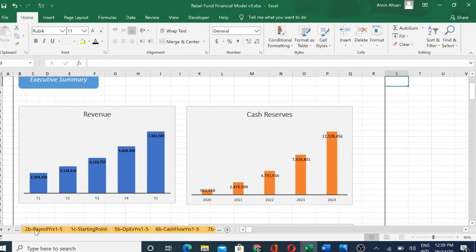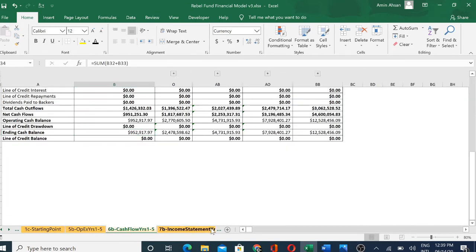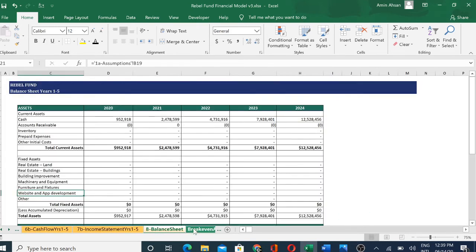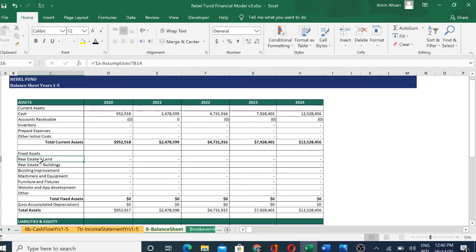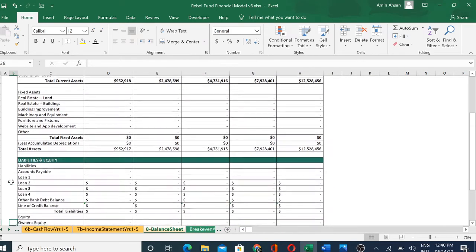So cash reserves is also completed. Income statement. Here is the balance sheet. So you can see the balance of the cash at the end of every year. Since you haven't entered any fixed assets in the assumption sheet, it is showing zero.